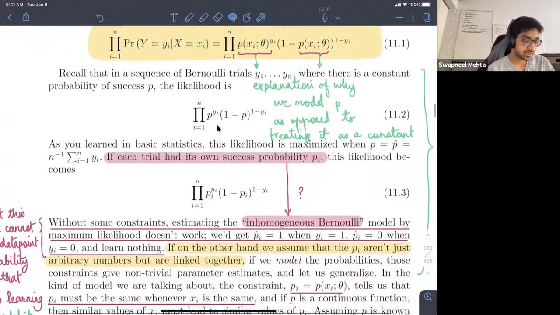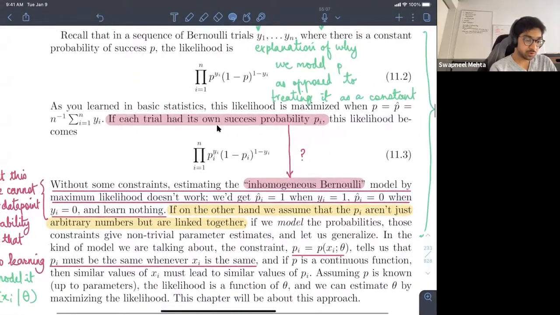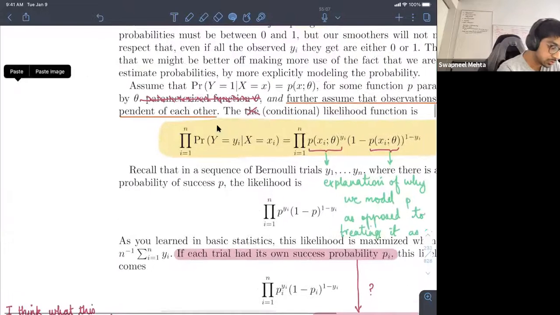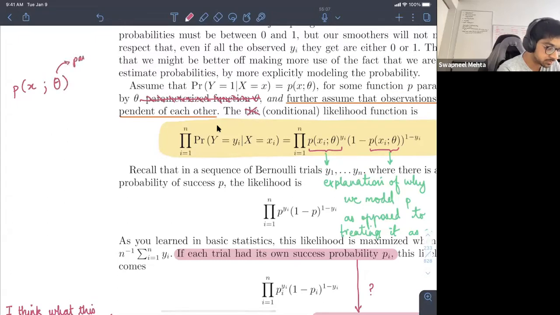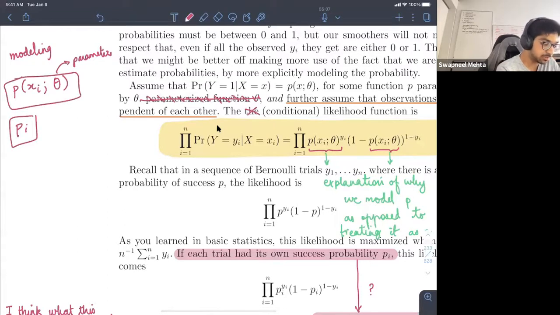He says that if you don't model, and by model you mean you consider the probabilities as a function of x given theta, the parameters, this is called modeling the probability, as opposed to just taking a pi, p of xi comma theta.